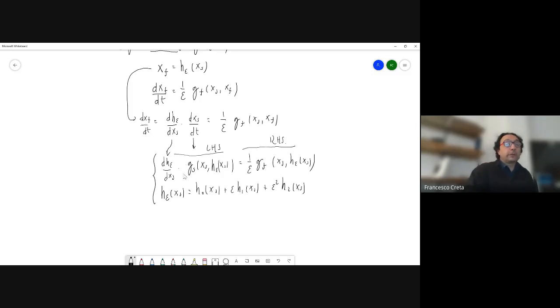You will have terms of order 0, where epsilon does not appear, of order 1, where epsilon appears with power 1, and epsilon with power 2. So what you do is equate equal orders from left and right. So h1, h2, and even h0, are found by equating equal orders of epsilon.